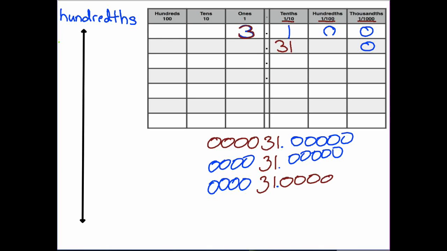Okay. Let's try that one again. Everybody. How many hundreds? Okay. We'll try that one more time. How many hundredths do I have?